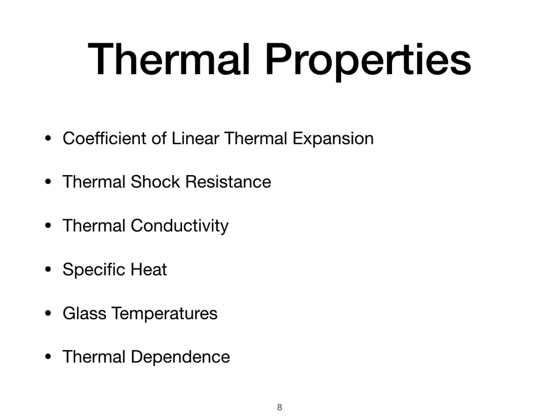Annealing point is the temperature at which the residual stresses in a glass are reduced over a matter of minutes. Strain point is the temperature at which the residual stresses in glass are reduced over a matter of hours.